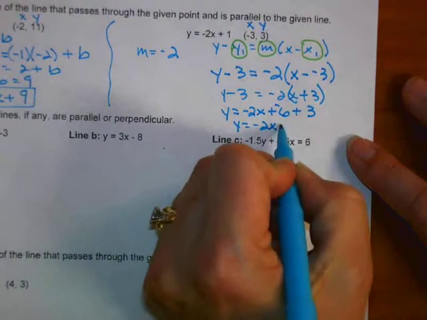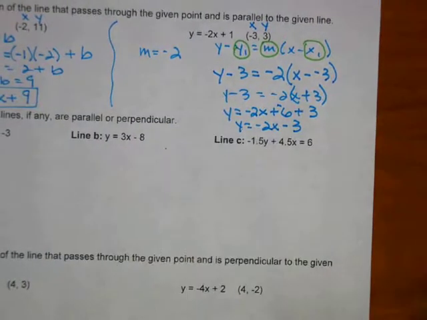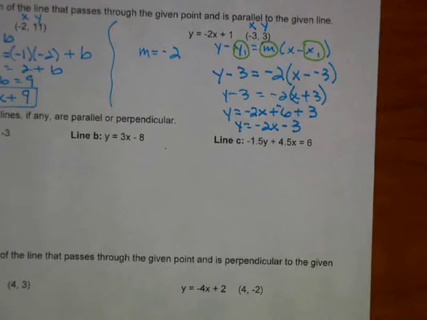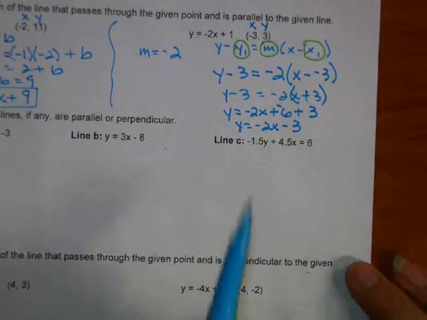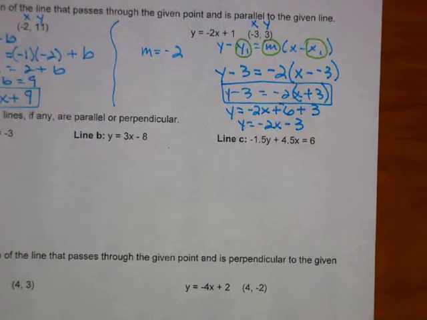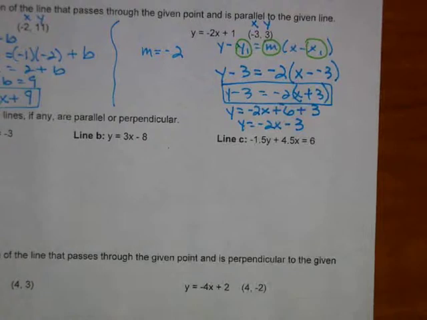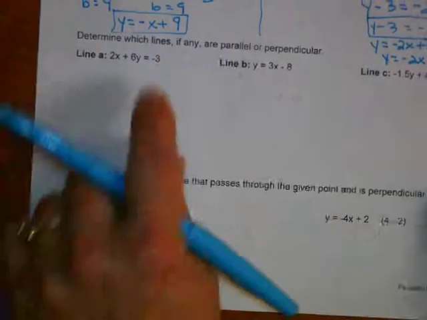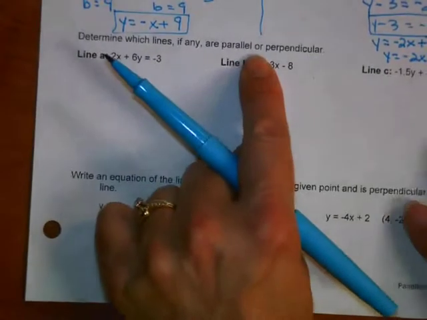It seems like a lot of work, but it's actually much easier, I think, than finding b. So you have a parallel line. You can use point slope, or you can use slope intercept. You could actually leave it like this. That is an equation of a line. It doesn't tell you what form to put it in, does it? So you're done.